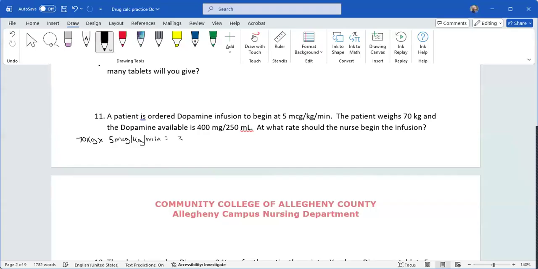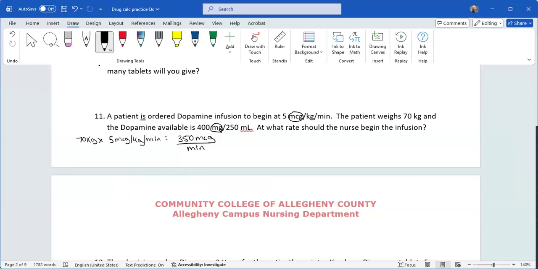And that's going to give you 350 micrograms per minute. Now, before we move forward, you have your availables listed in milligrams, and then your order is listed in micrograms. So you need to resolve that. You either need to convert milligrams to micrograms or micrograms to milligrams.